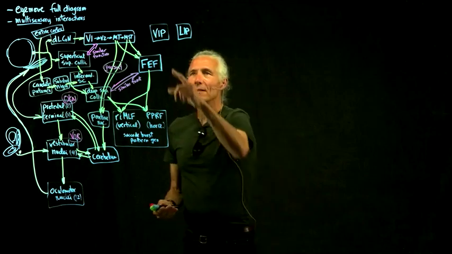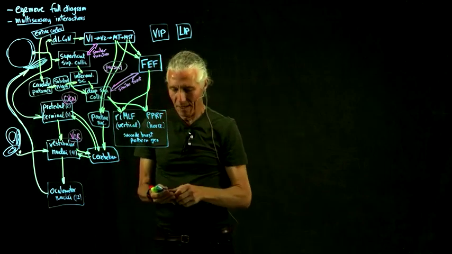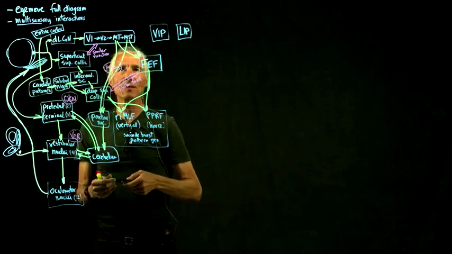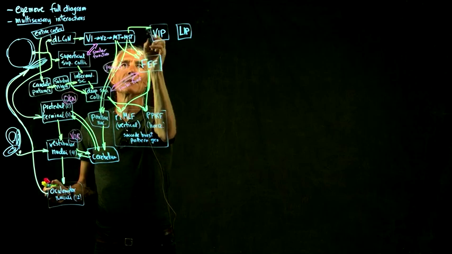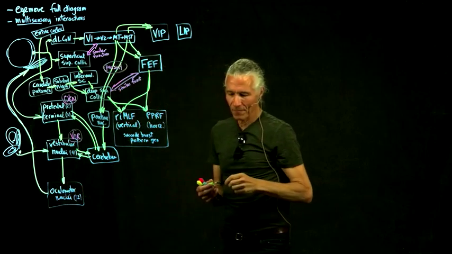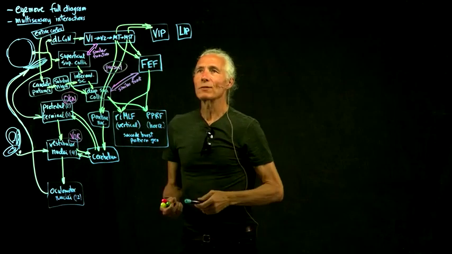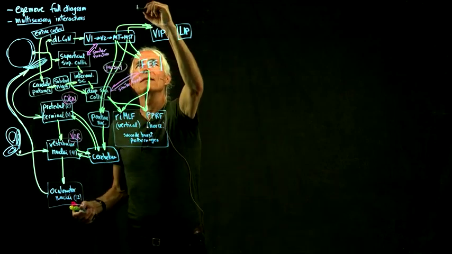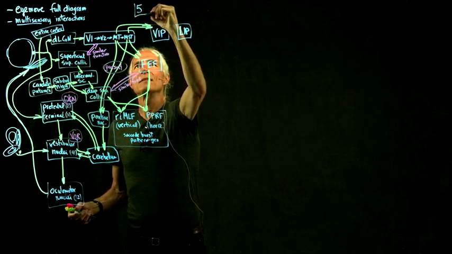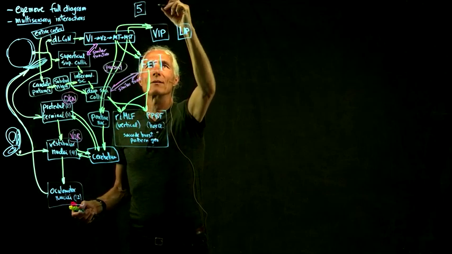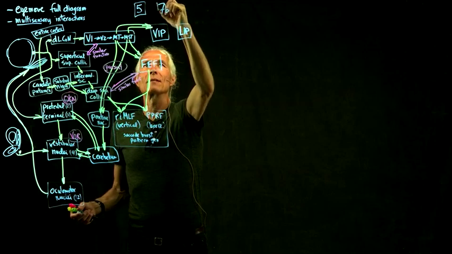So the ventral intraparietal area is a visual area, so MST projects to it, MT projects to it, but it also gets input from somatosensory areas. So here's area 5, that's a somatosensory area, or area 7B, that's another somatosensory area.